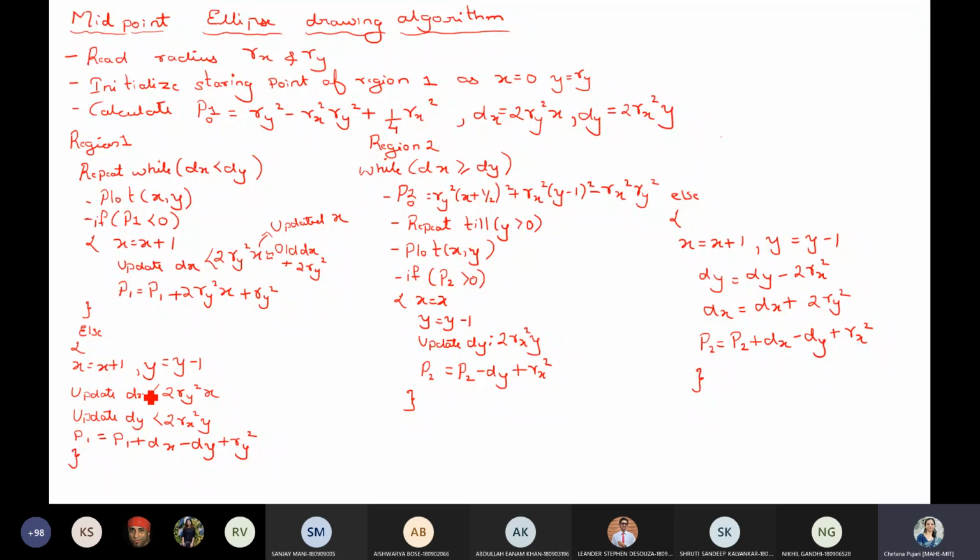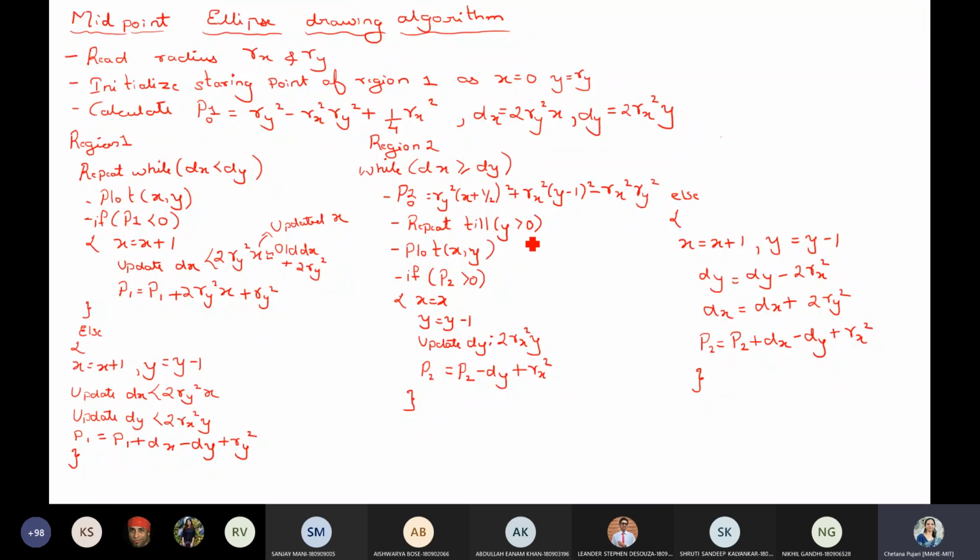Whatever the last updated value of x and y I got from my region 1, that is considered over here. You're going to take that x and y value into your initial decision parameter equation and calculate the decision parameter value. Okay. And once it's done, then repeat till your y is greater than 0.